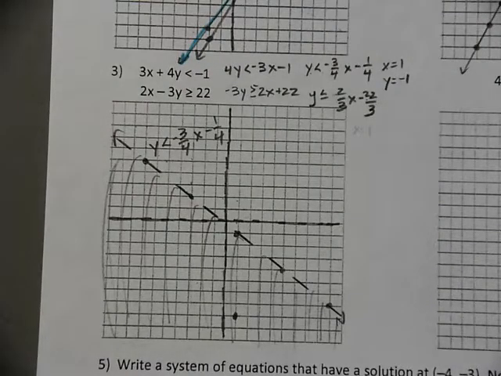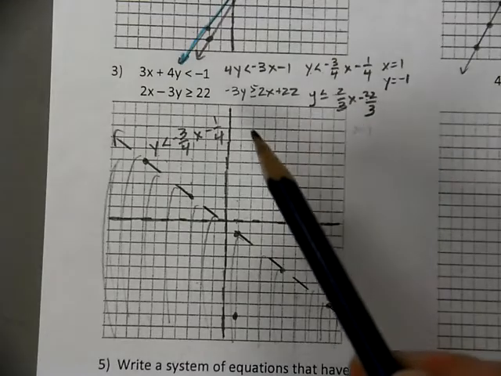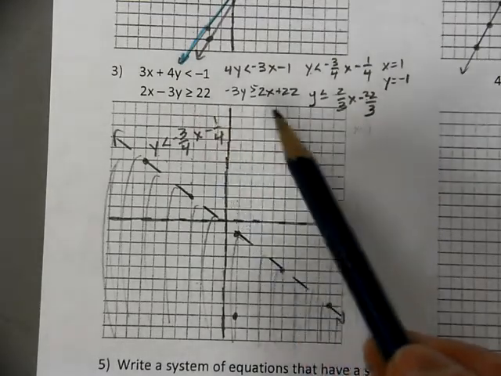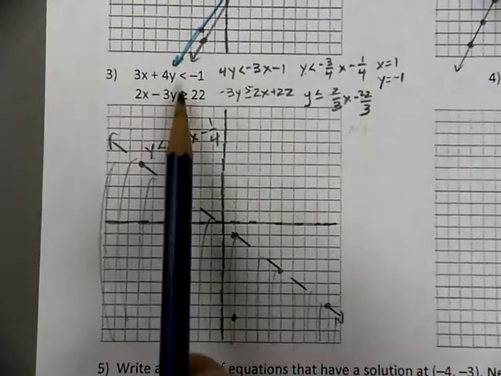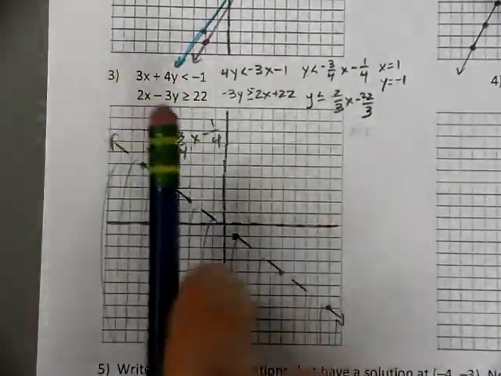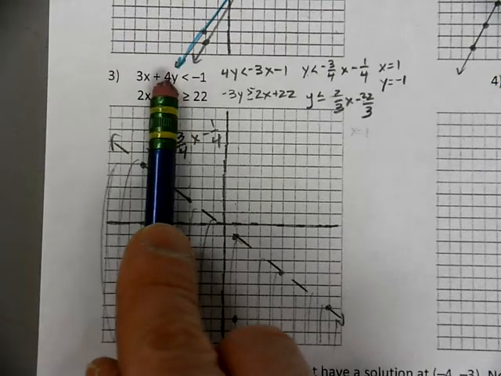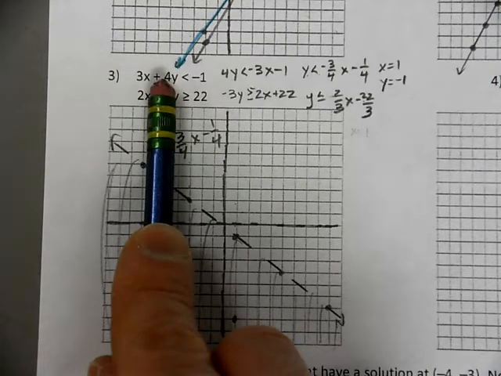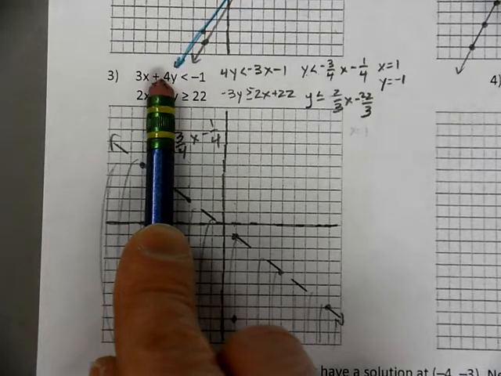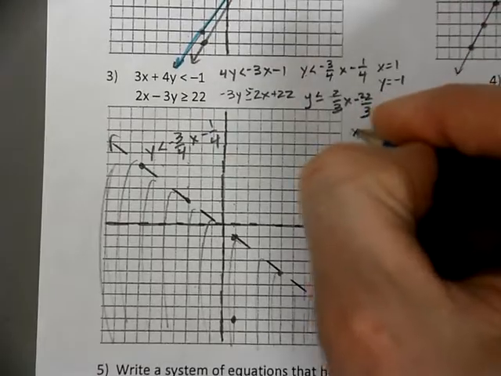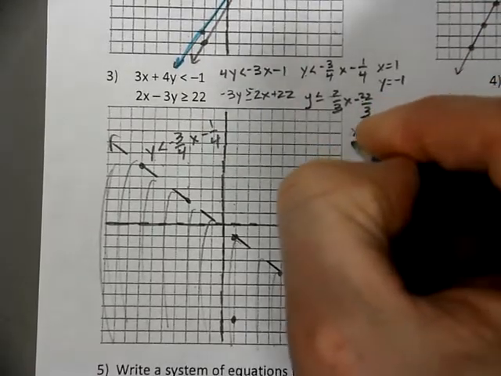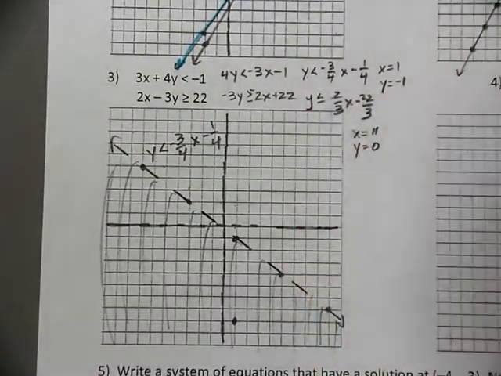Alright, so another option that we have is when y is 0. Here we come back, and it helps out a lot. When y is 0, we can solve for x, and x is going to be 11. So when x is 11, the y value is 0.